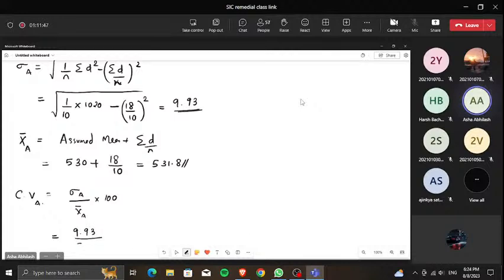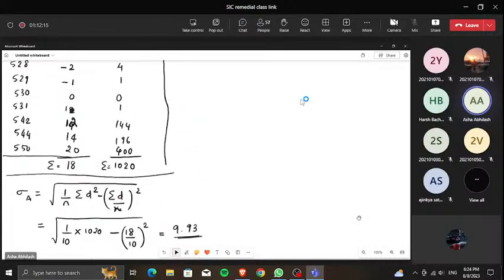Arithmetic mean is 531.8 into 100. So can anyone tell what this value is? 1.8. Okay, so we have found the coefficient of variation of group A.